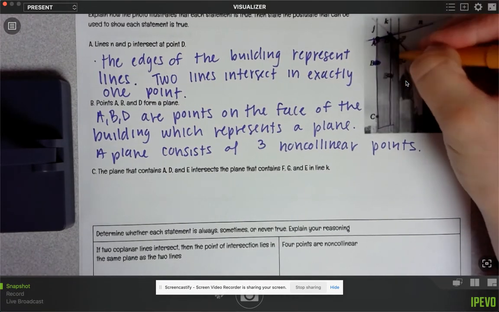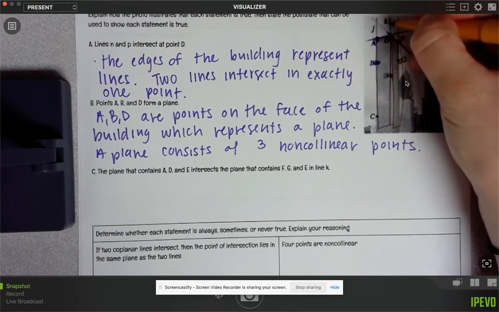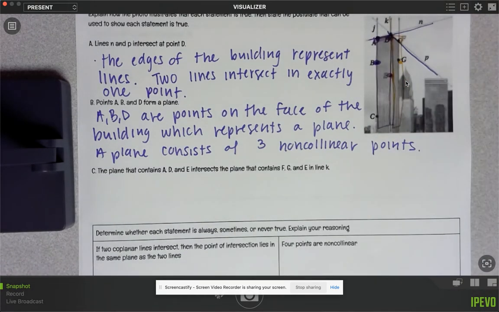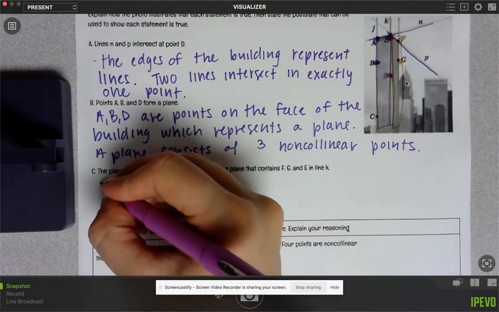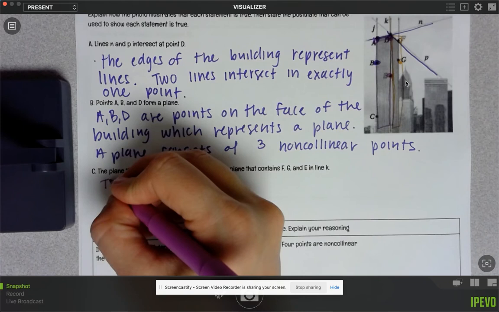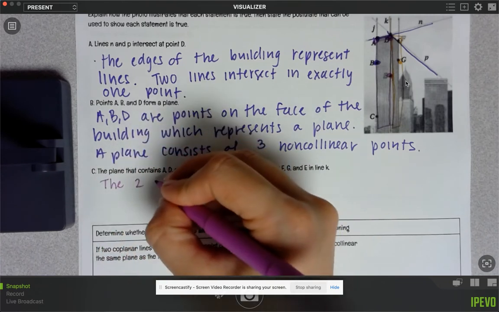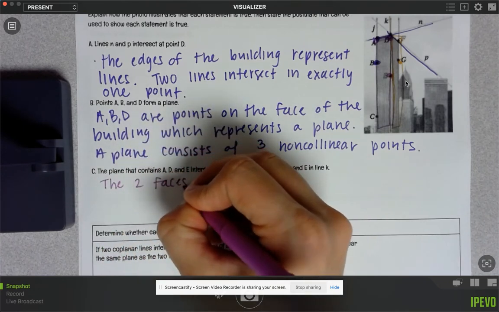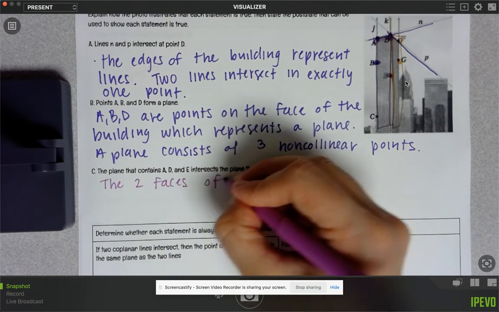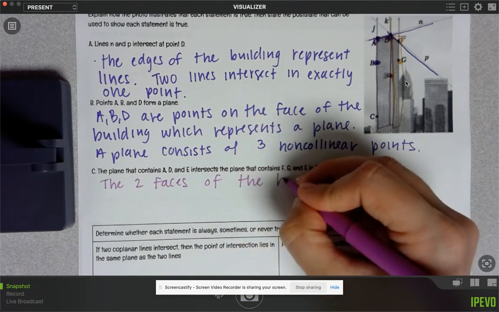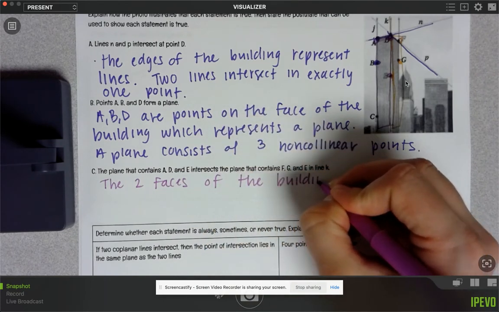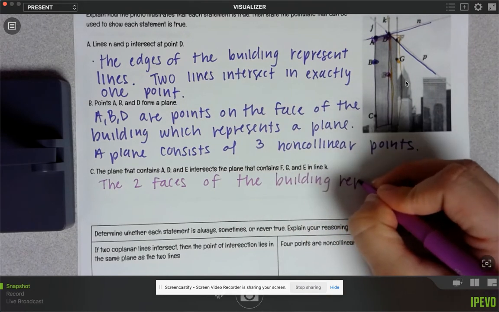And they're saying it makes line K. Again, the 2 faces of our building represent planes.